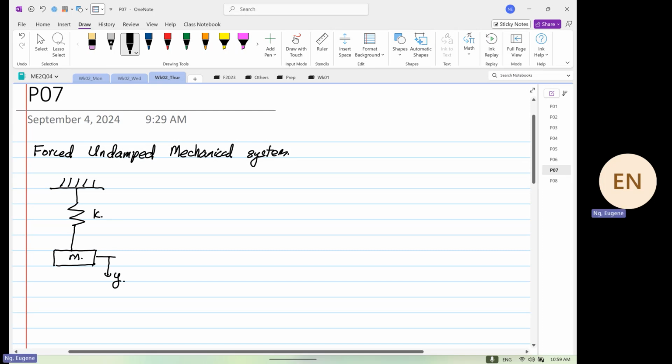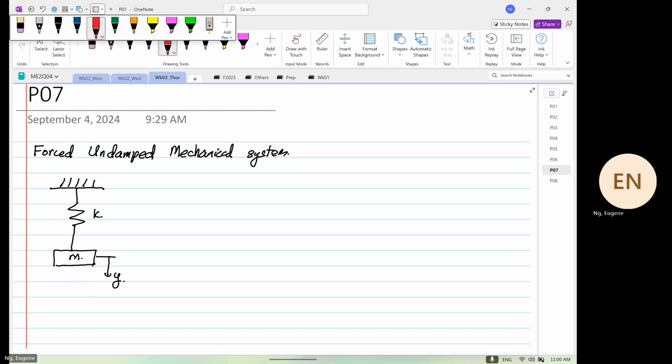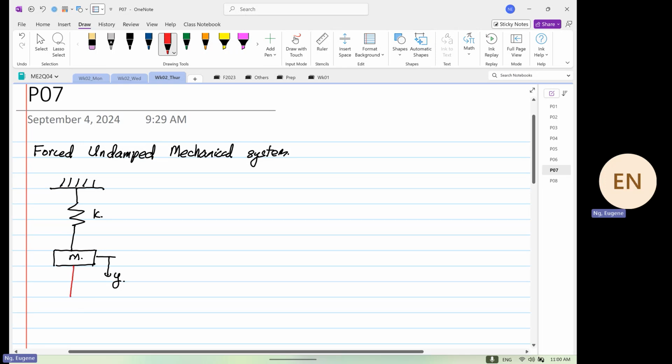But on this case, we are going to put a force function, right, where F is equal to F naught sine omega naught T. Okay? It's a force function.